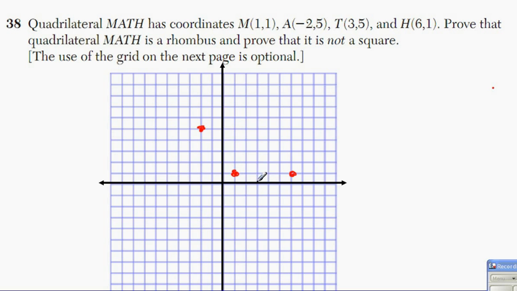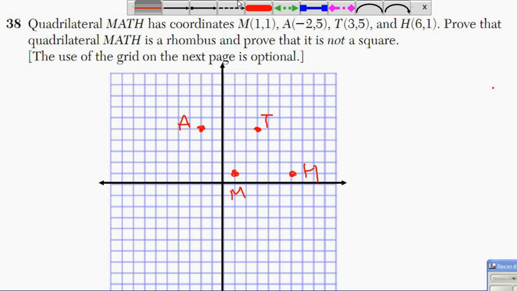We forgot 3, 5. So M, A, T, and H. All right.